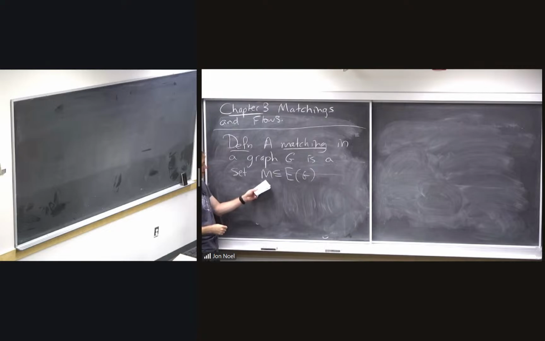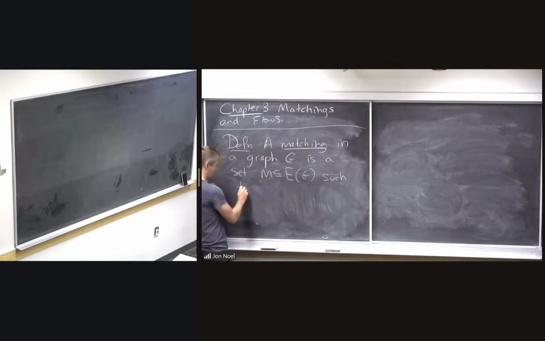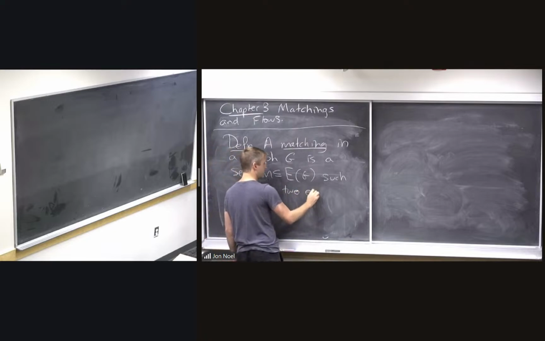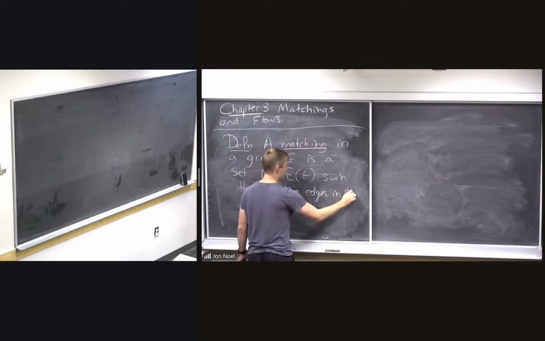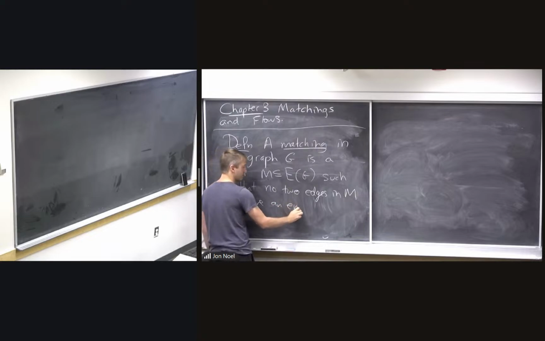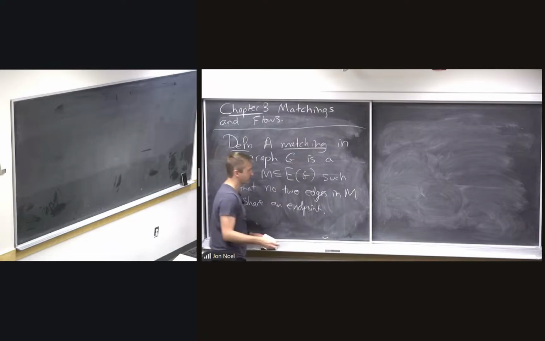It's a set of edges with the property that no vertex is in two edges of M. Or in other words, no two edges in M share an endpoint. Endpoint is just the vertex at one of its ends, right?